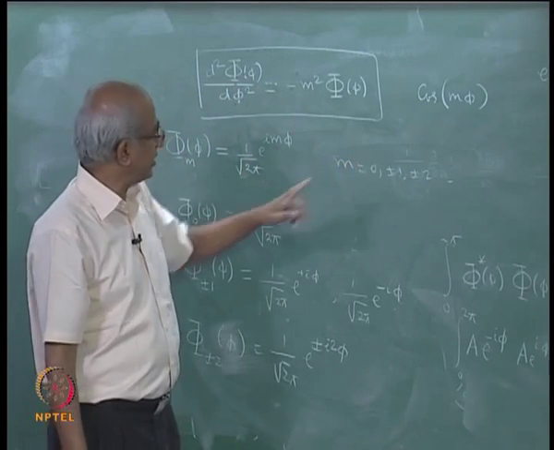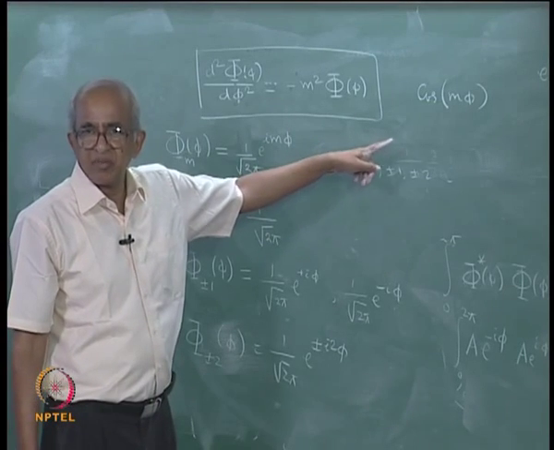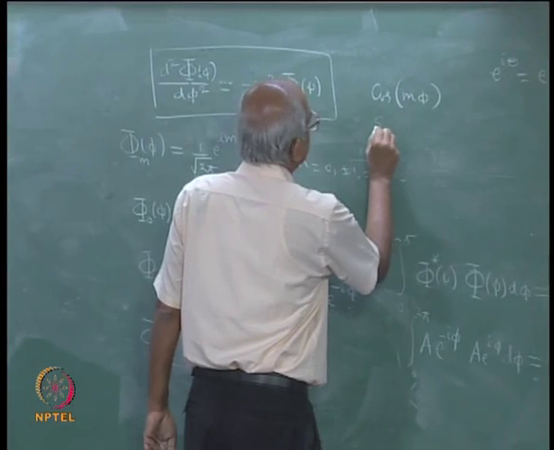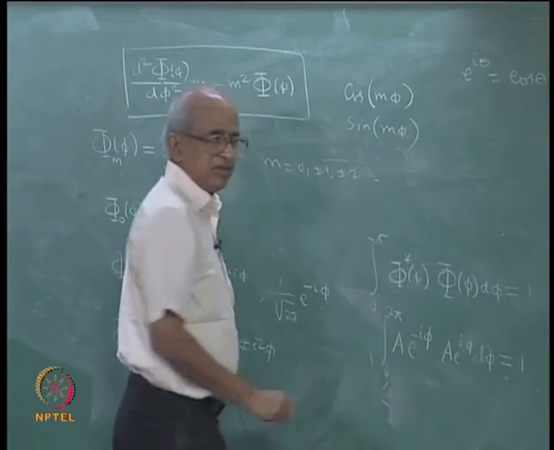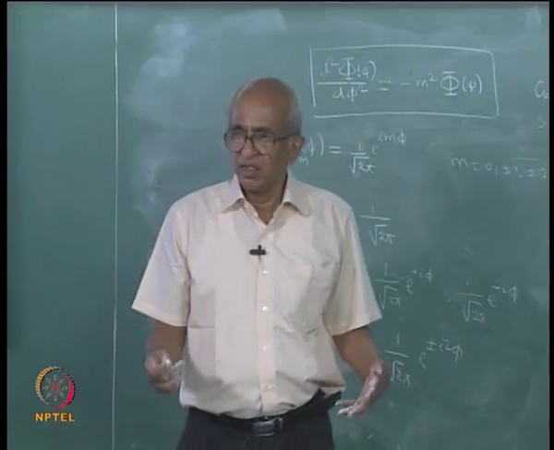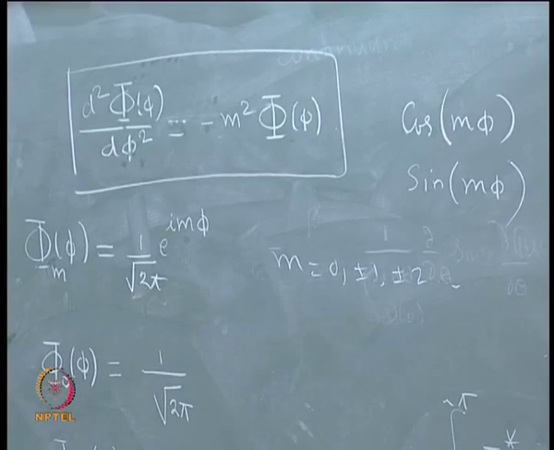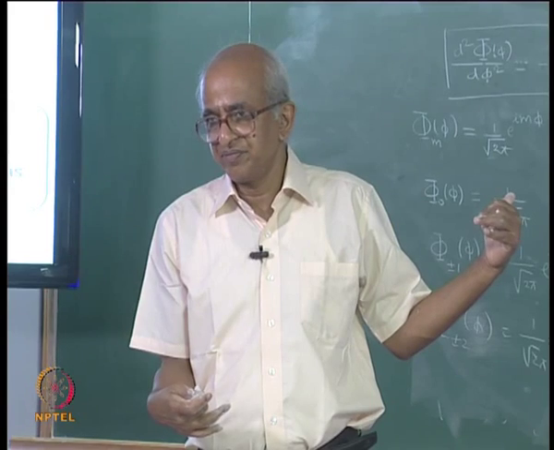So, it is possible to say, instead of e to the power of i m phi, that a possible solution is cos m phi and another possible solution is sin m phi, correct. This is another possibility. The nice thing about this possibility is that there is no square root of minus 1 occurring in the solution.